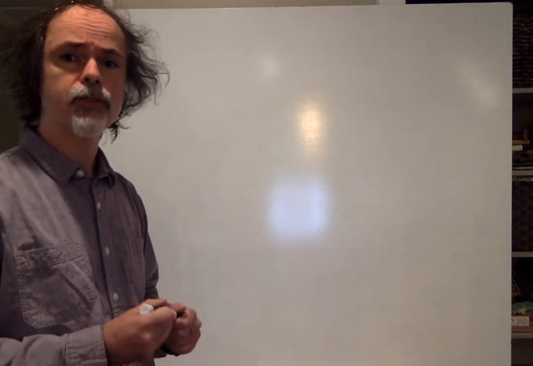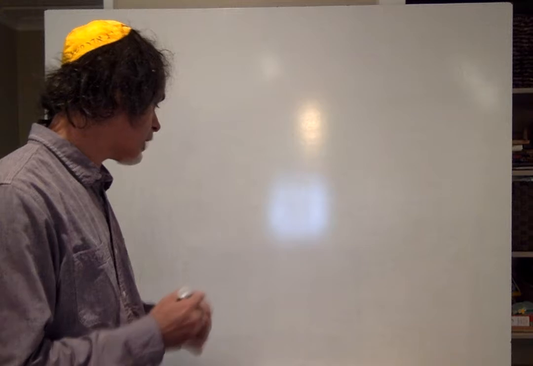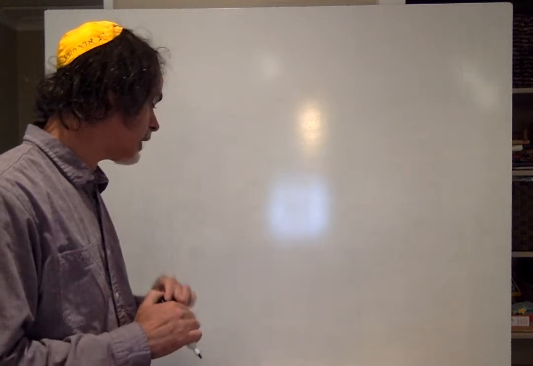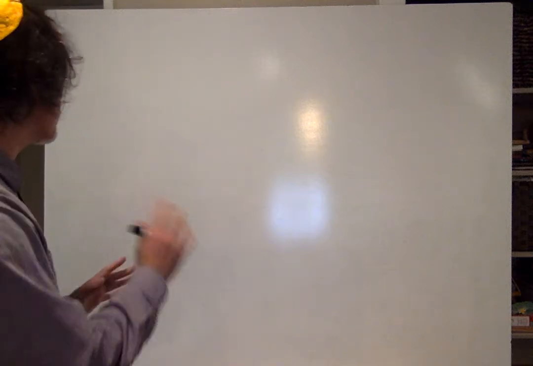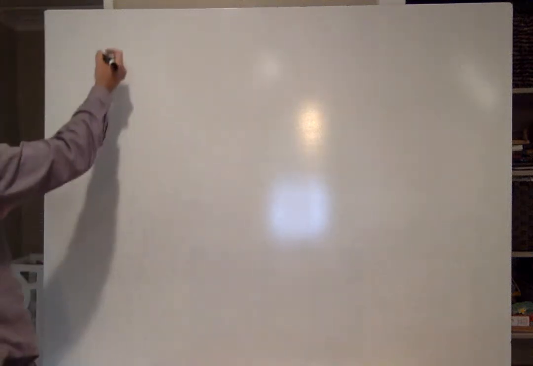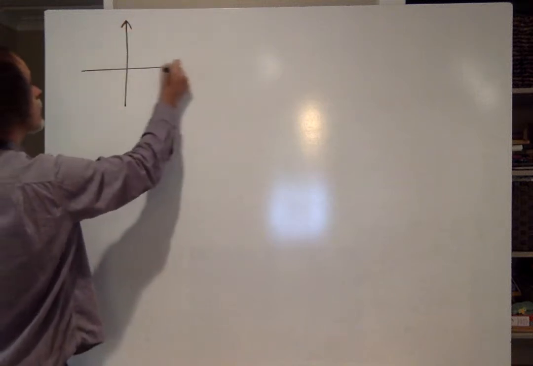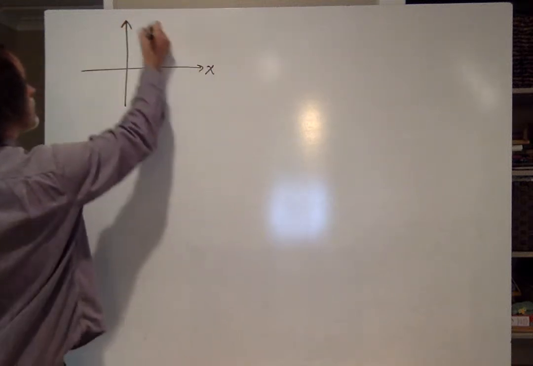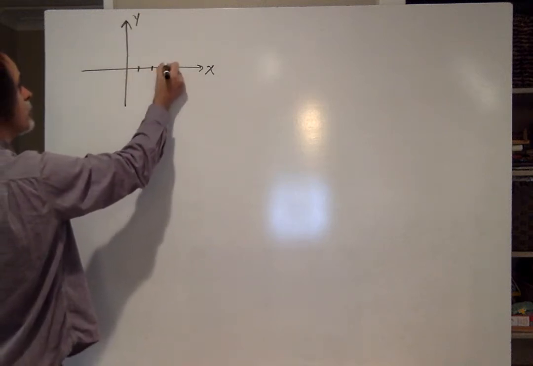Today we are going to look at section 7.2 on graphing linear equations. So you will recall we plotted points on the x and y coordinate system. We always do x is horizontal, y is vertical, and we make tick marks 1, 2, 3, 4.